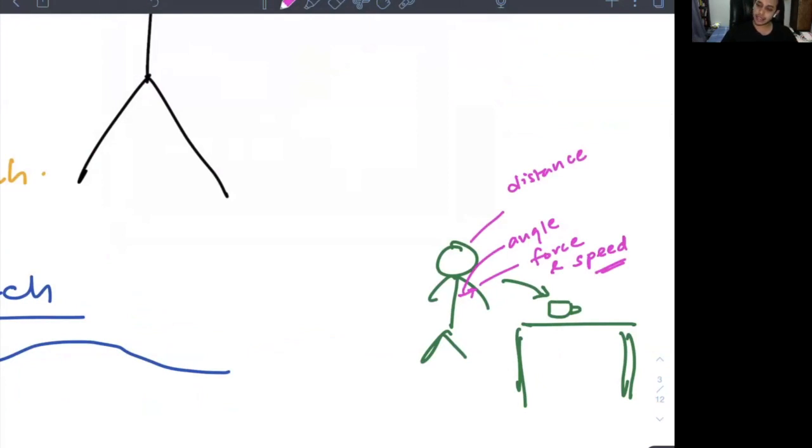Now, as you move your hand closer and closer to the cup, the calculations will keep changing. And when you are almost at the cup, the calculations have to be done in a very fine way. So you have to continuously adjust the distance of your arm and your fingers to the cup. As you reach closer to your target, the amount of calculation required is more.